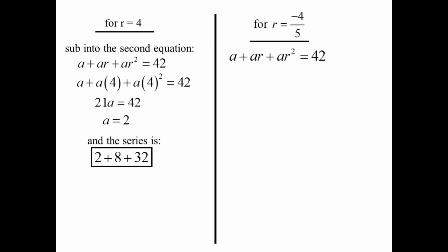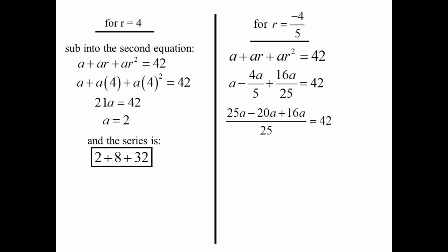Same thing, plug it into that. Now this is a little more tricky because it's a fraction. So this is going to be a minus 4/5 a, like this. It'll be negative 4/5 a. And this one, the r is squared. And when you square r, you'll get 16 over 25 times a. And now we have to add fractions on the left, adding fractions with a common denominator.